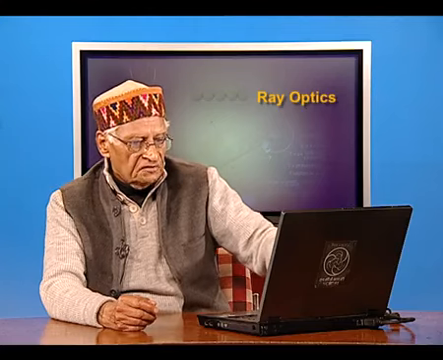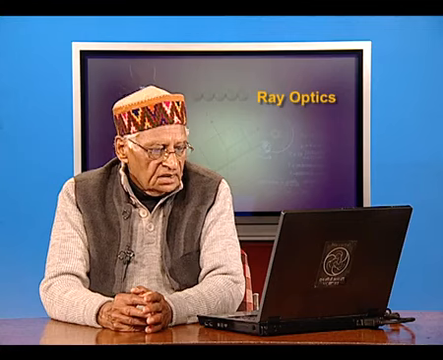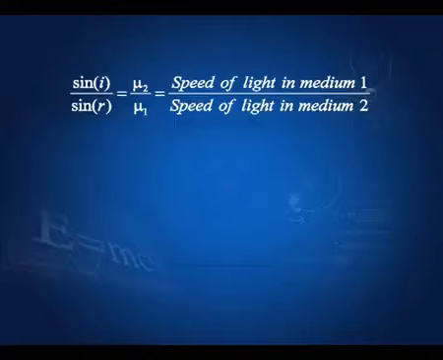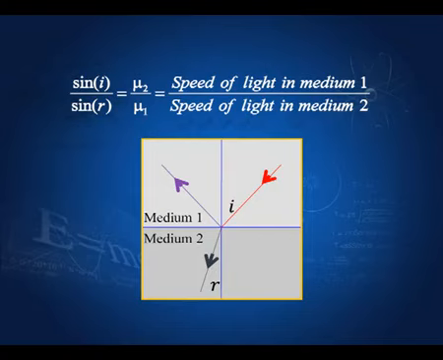So the physical meaning of refractive index of a medium is that it indicates the speed of light in that medium, and from Snell's law you can write sin I by sin R is mu 2 by mu 1, the speed of light in medium 1 divided by the speed of light in medium 2. These angles are inversely proportional. You see, since the speed is less here, the ray gets bent towards the normal.